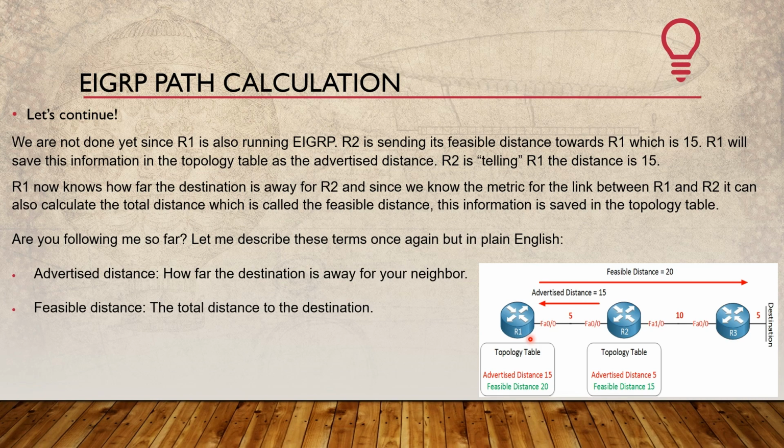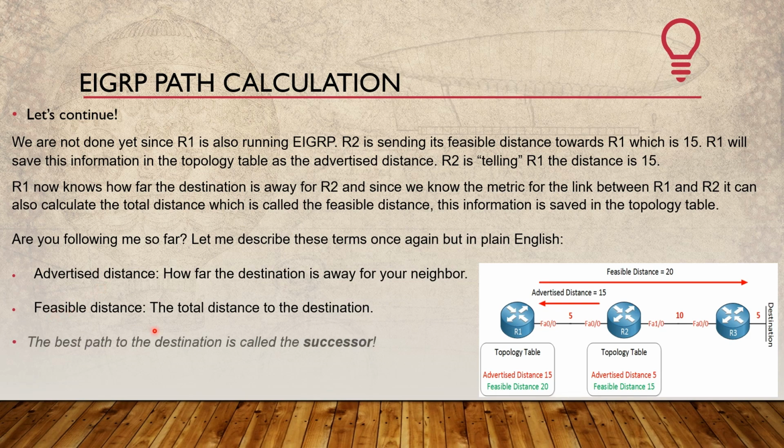And then the feasible distance is the total distance to the destination: 5 plus 10 plus 5, which is 20. Here in this scenario, the total distance is 20. This is simple: advertised distance means how far the destination is from your neighbor, and the feasible distance means the total distance to the destination.